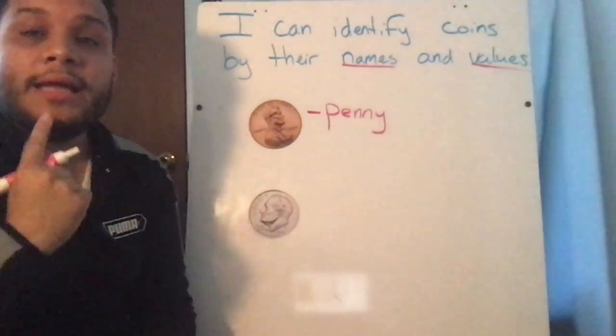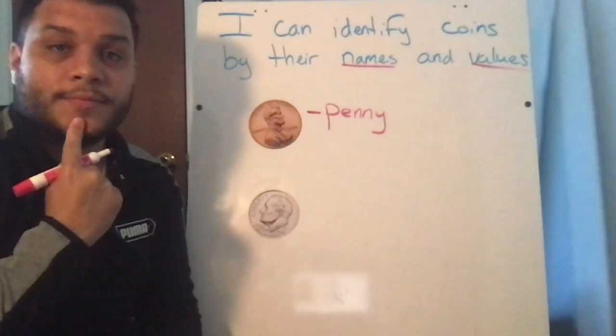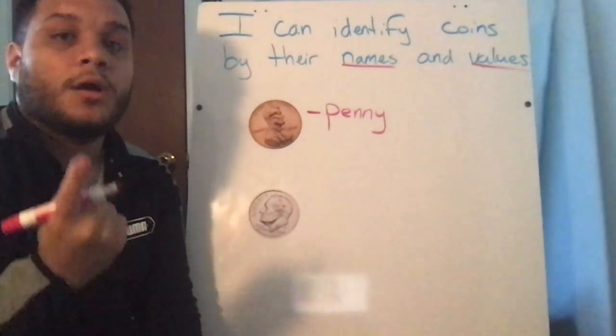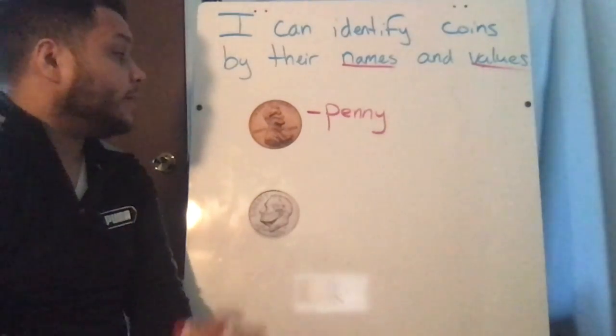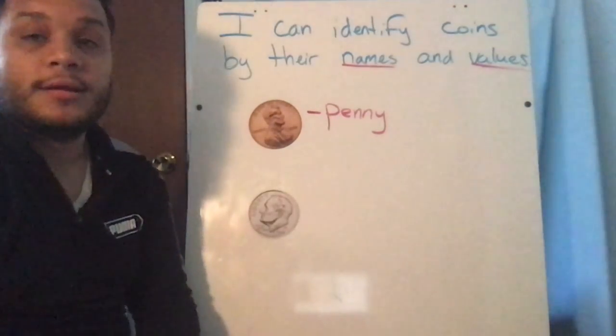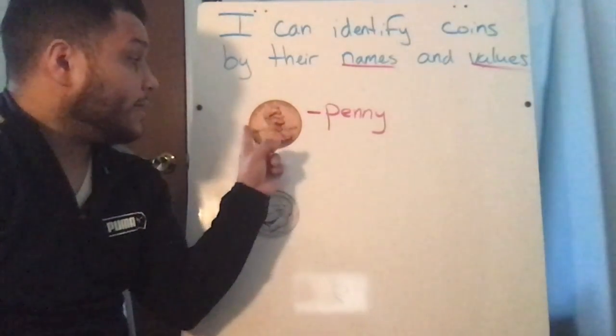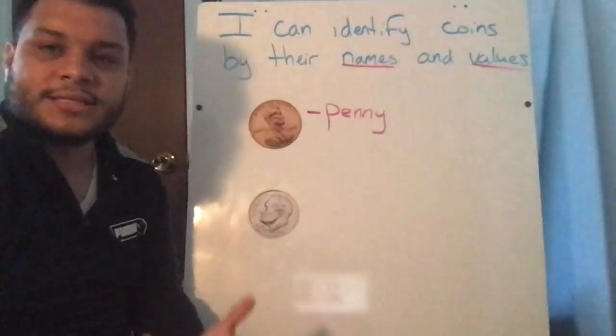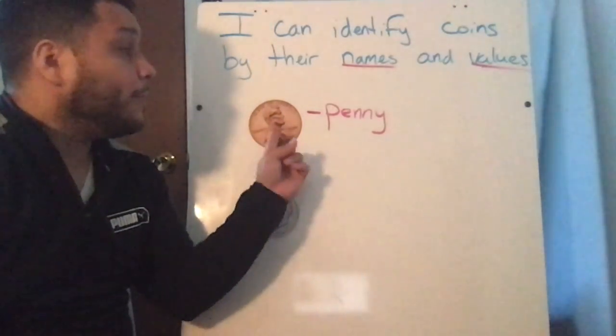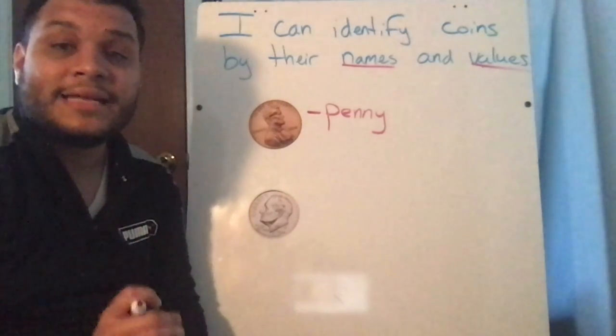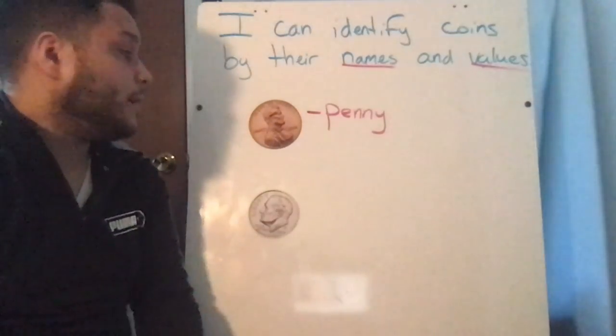Repeat it after me. It is called a penny. Awesome. On the penny, we have Abraham Lincoln. A penny is made out of copper and it looks kind of brown. A penny also has the least value when we talk about coins.